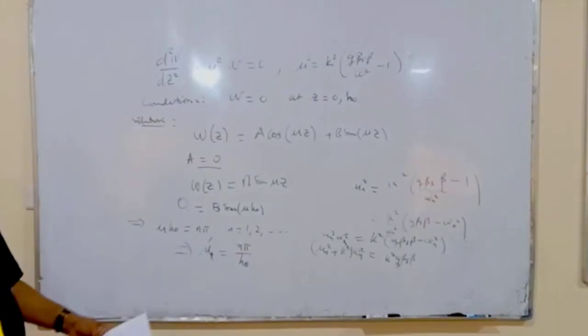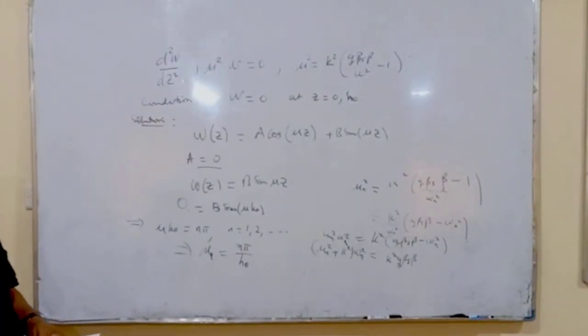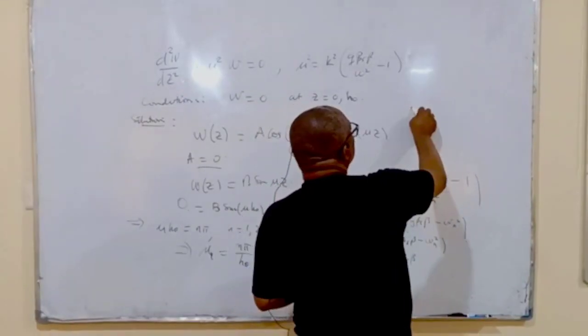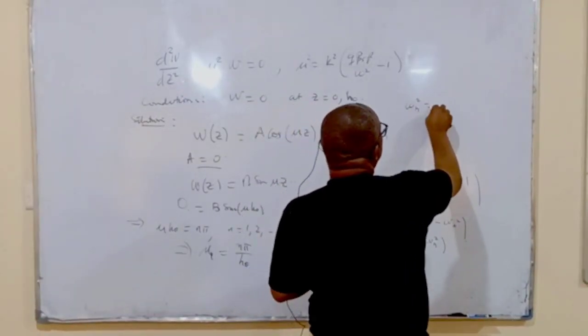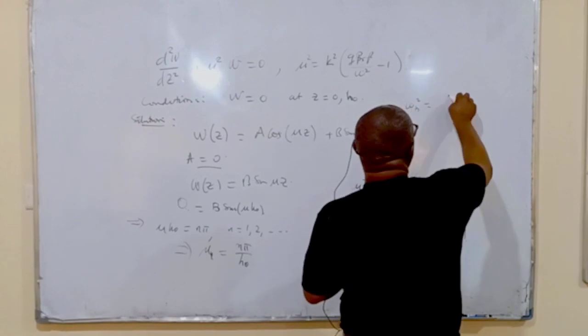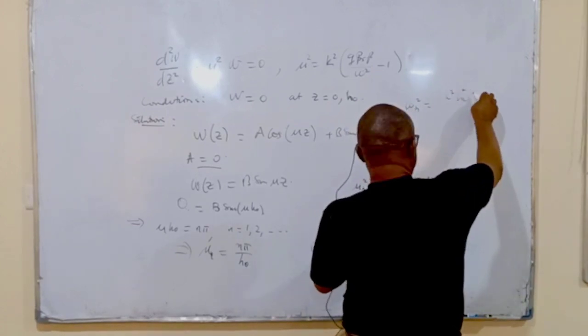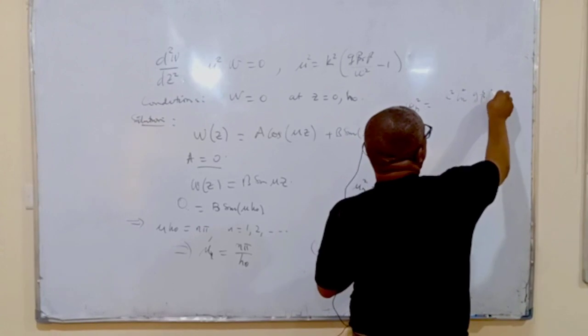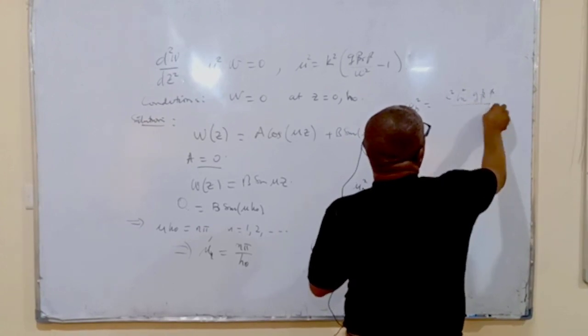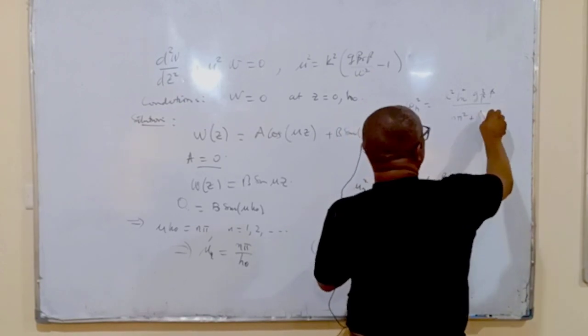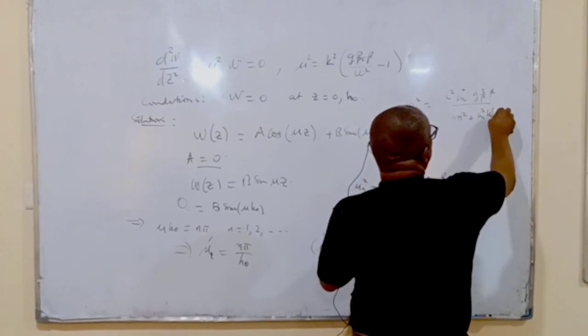You can now find the value of omega n. That gives you that omega n squared should give me k squared h naught squared g beta s beta all over n pi squared plus h0 k squared.